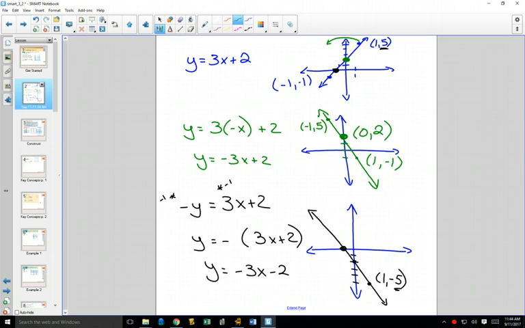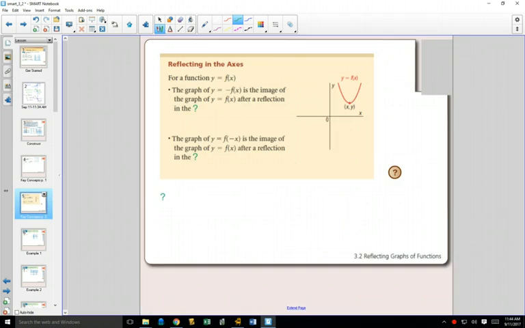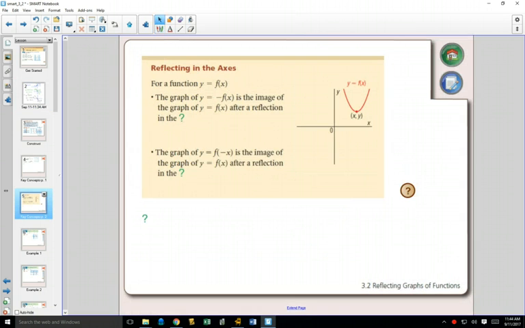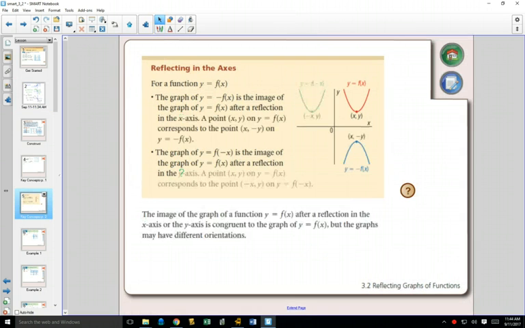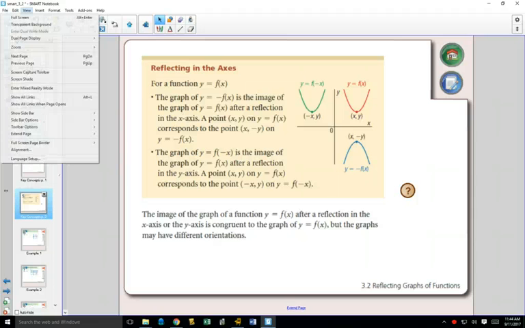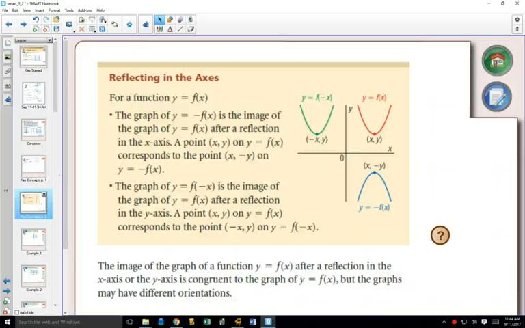So I'm going to get you to skip the getting started, skip the construct the understanding, go directly to this page here. And you have some space to the left of that reflecting.